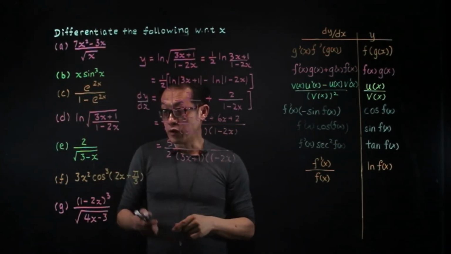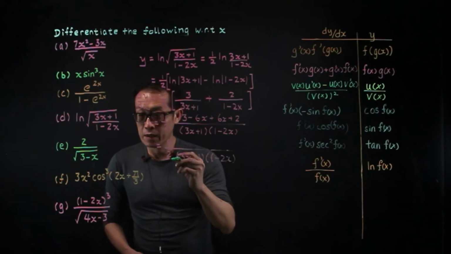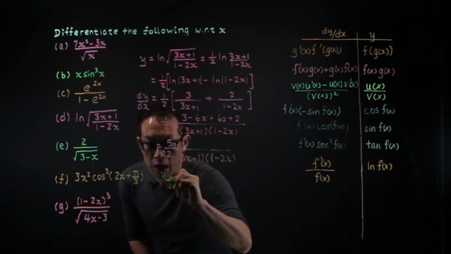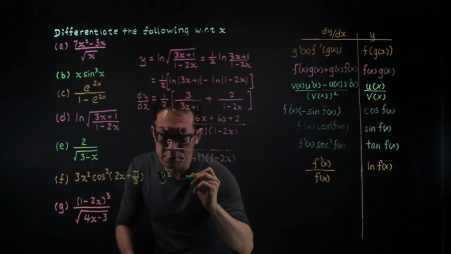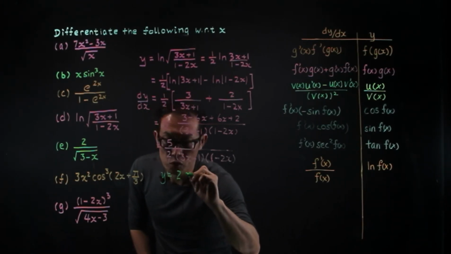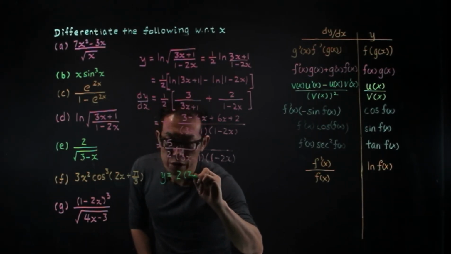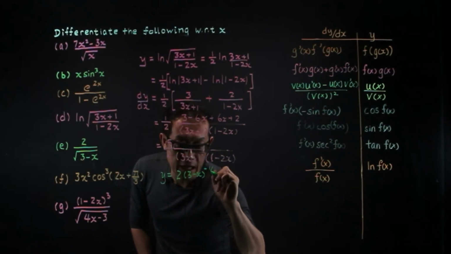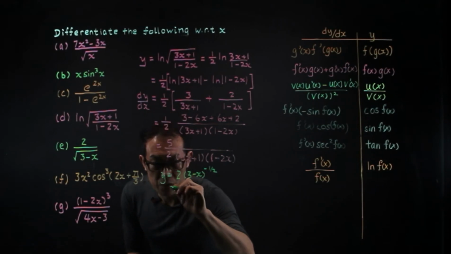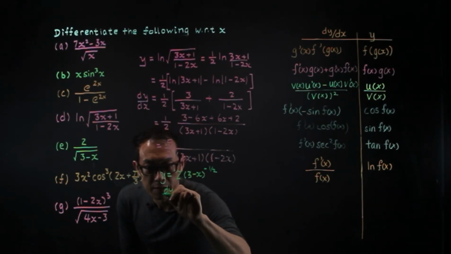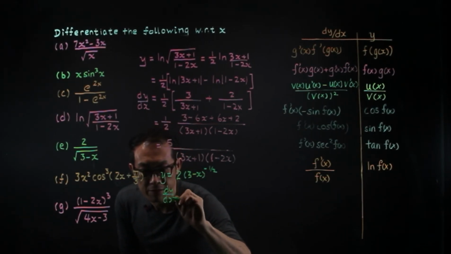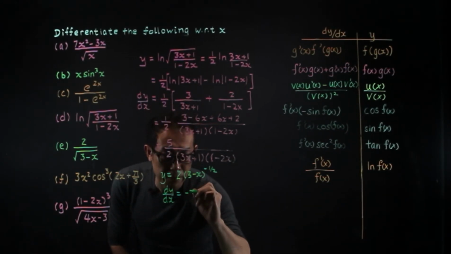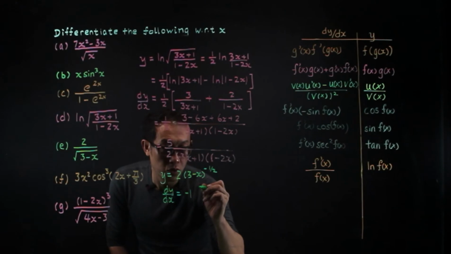Now let's move on to part E. So we can rewrite the expression in part E as 2 into 3 minus x to the power of minus half. Now dy by dx, this is simple, you just differentiate. The minus half you bring down, so you become minus 1 multiplied by the 2.